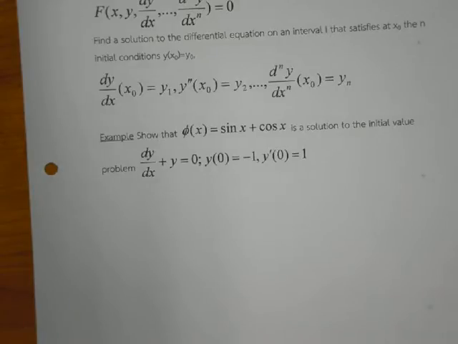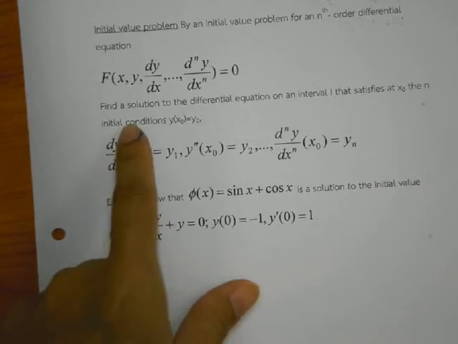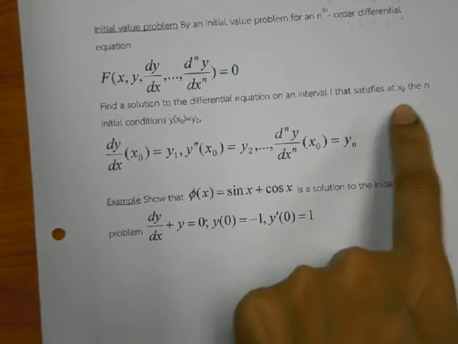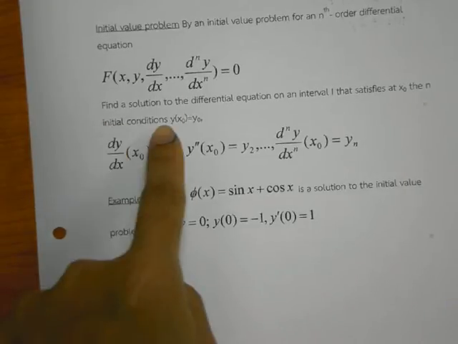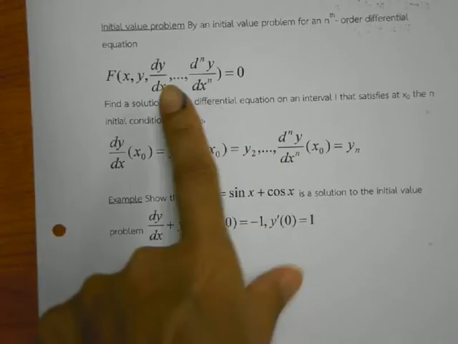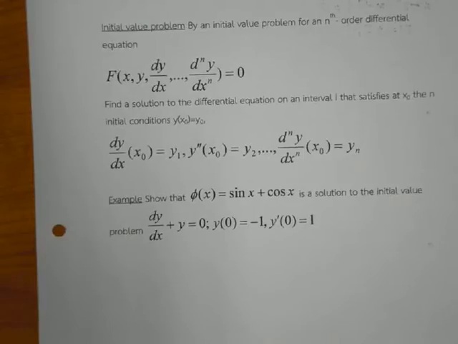If you have a differential equation with the order of n, you would have n boundaries for that. Okay? So this is what I say in there. To find the solution of a differential equation that satisfies the n initial boundary conditions at x0, because this is the order of n, you need n boundary conditions so that you can solve for the solution, something like that.